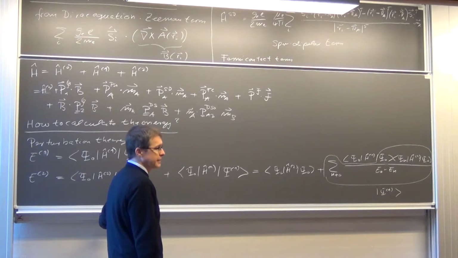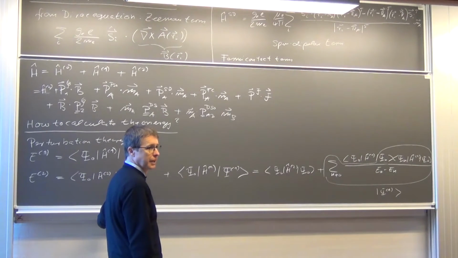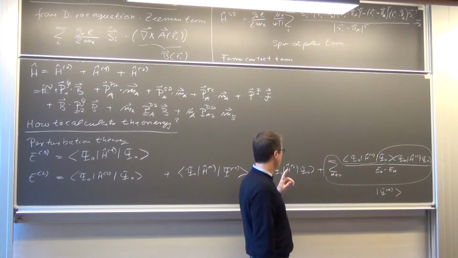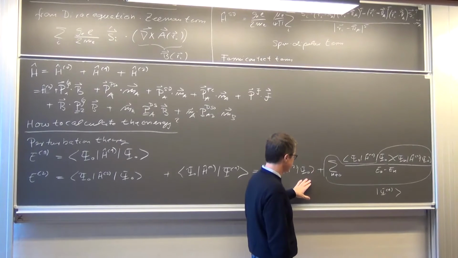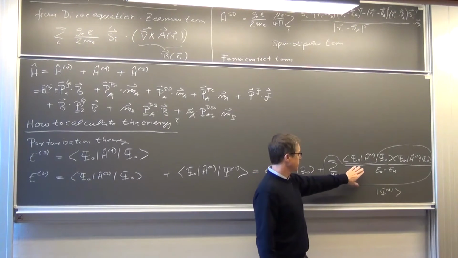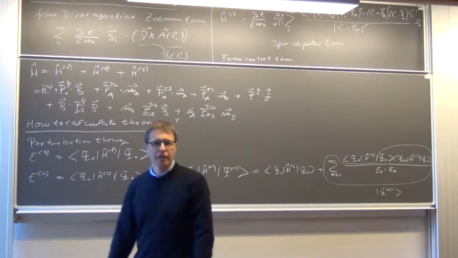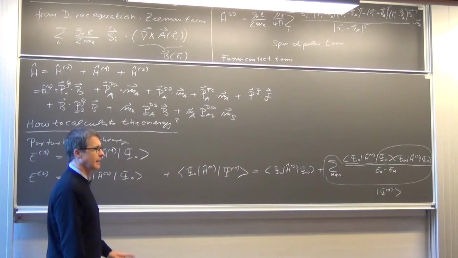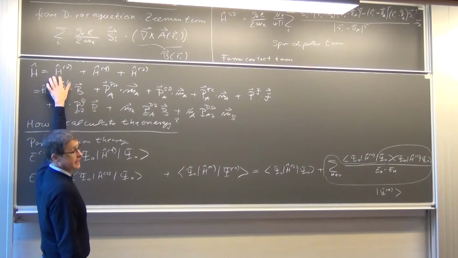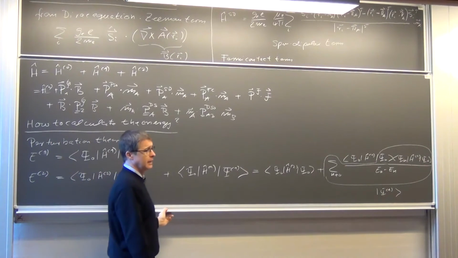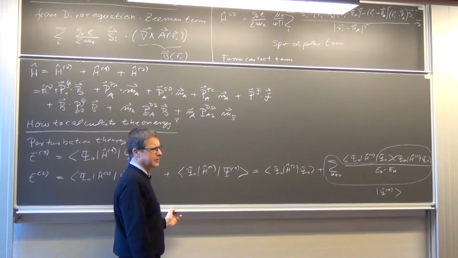And of course what applies here, in particular this expansion in those states n, implies that I assume that I have solved the zeroth order equation. Which is not really true.